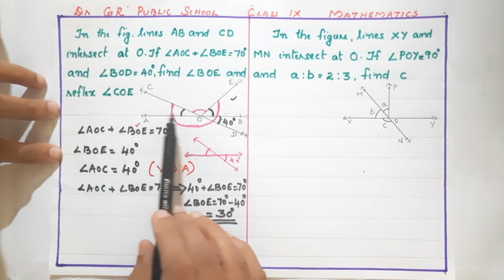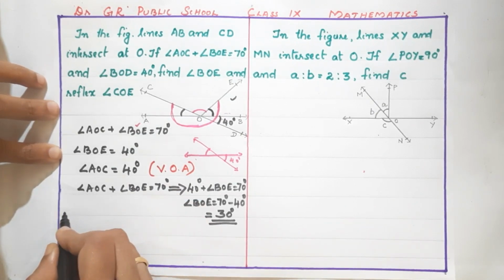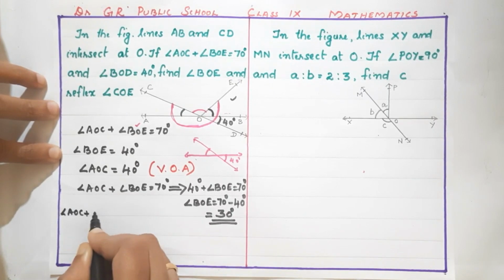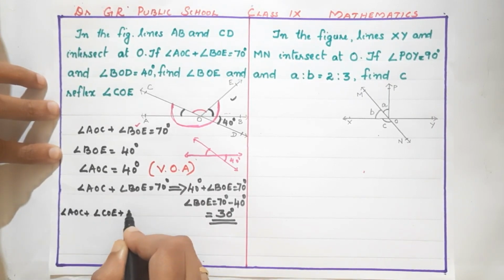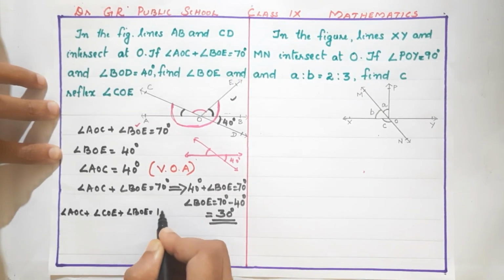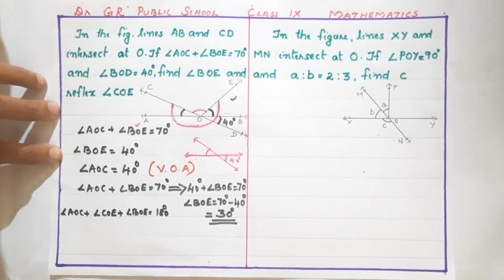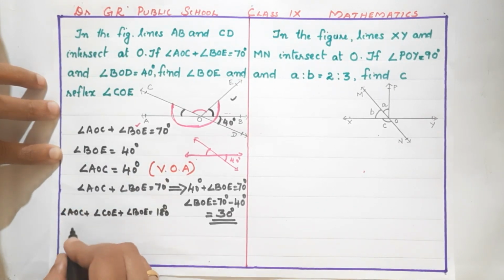Now come here. So how will we get angle COE? From the figure, angle AOC plus angle COE plus angle BOE equal to 180 degrees. Then angle AOC plus BOE together is 70 degrees.